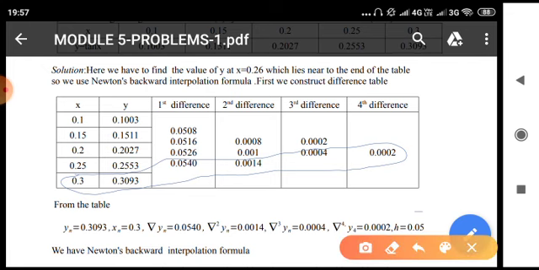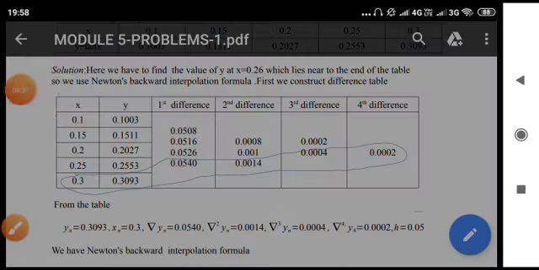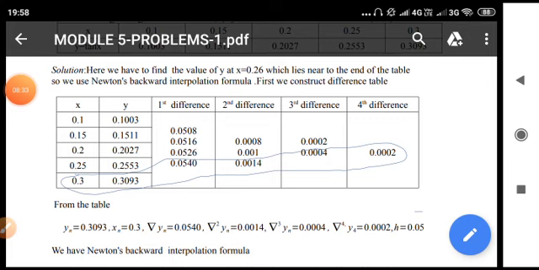The third difference, which is again easy, 0.001 minus 0.0008 is 0.0002. 0.0014 minus 0.001 is 0.0004, and the last difference, fourth difference, is 0.0004 minus 0.0002, which comes out to be 0.0002. Since we have 5 values of x and y, we may get the maximum of fourth difference.